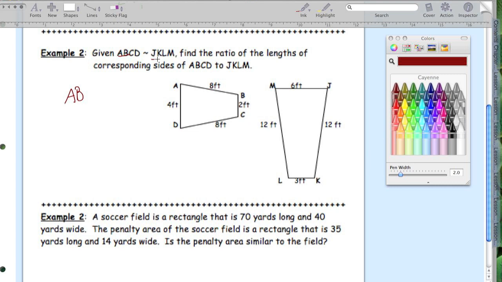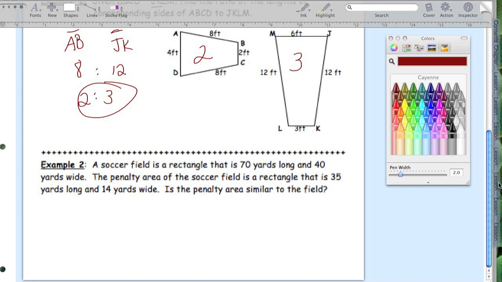Now that's going to correspond to JK. AB and JK. So AB is 8, JK is 12. So it's 8 to 12, which reduces to 2 to 3 when I divide by 4. So that's my ratio, 2 to 3. For every 2 that is, the other one's 3.